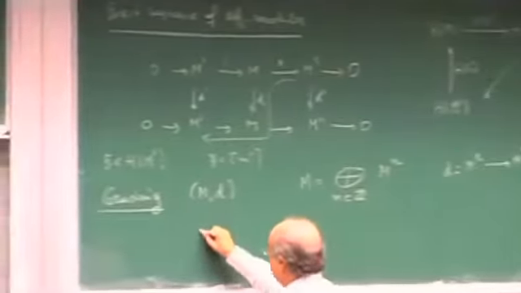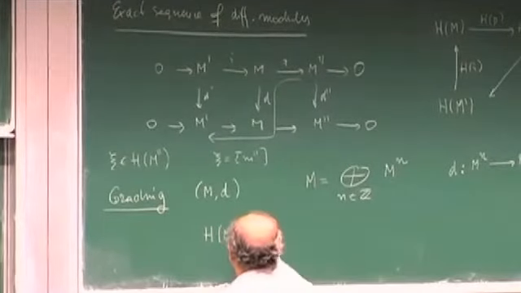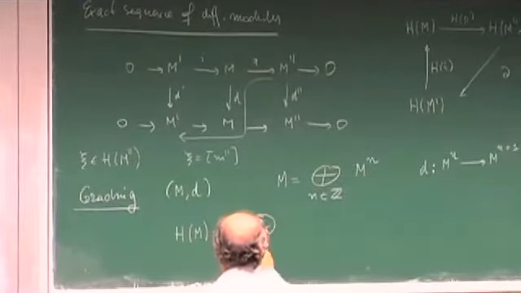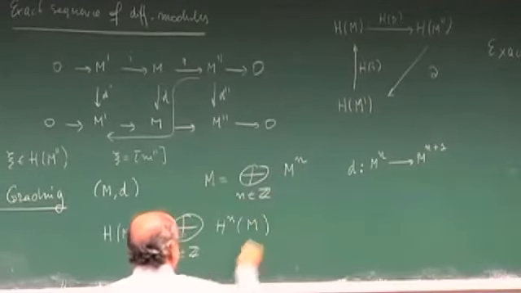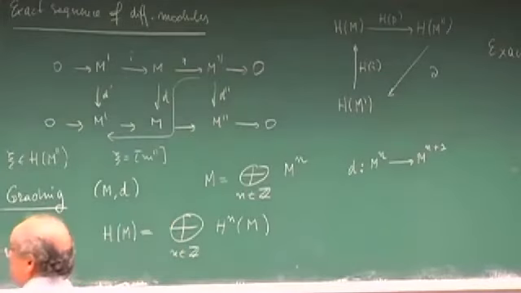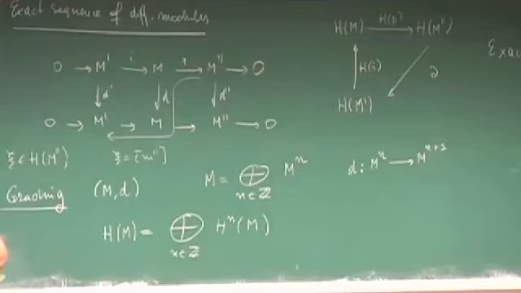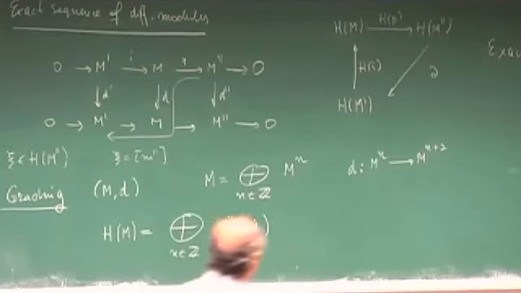So it is a direct sum of cohomology groups, each given by a choice of the integer. Now, very little changes here.